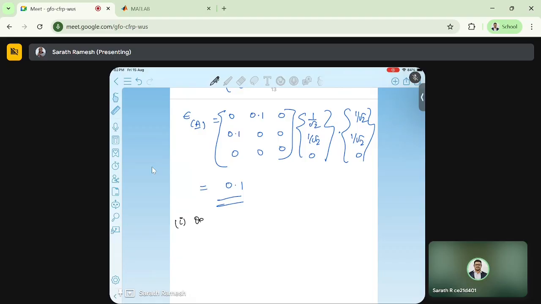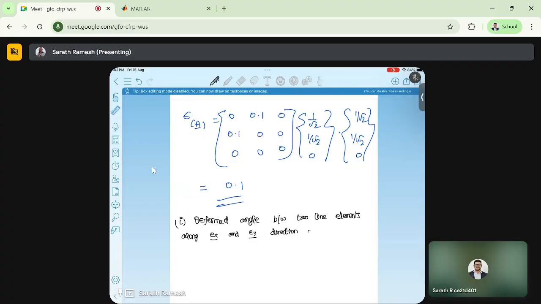Find the deformed angle between two line elements along the EX and EY direction at point 0, 0.5, 0.5.